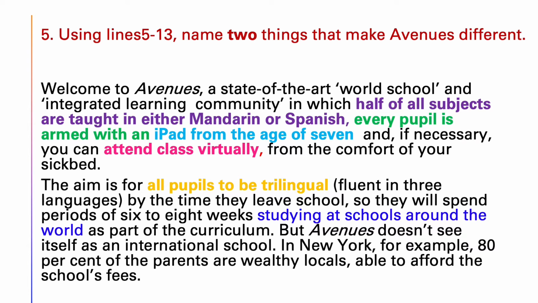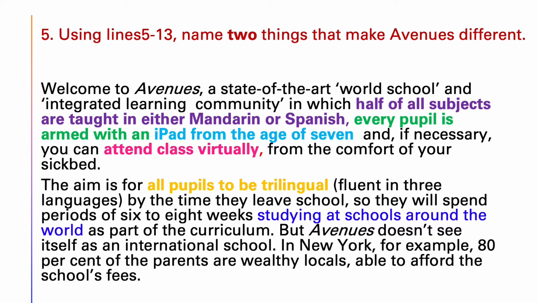Half of all subjects are taught in either Mandarin or Spanish, which is a little different. Every pupil is armed with an iPad from the age of 7 at that time, which is unusual. Attending class virtually is quite unusual. All pupils being trilingual is somewhat different.